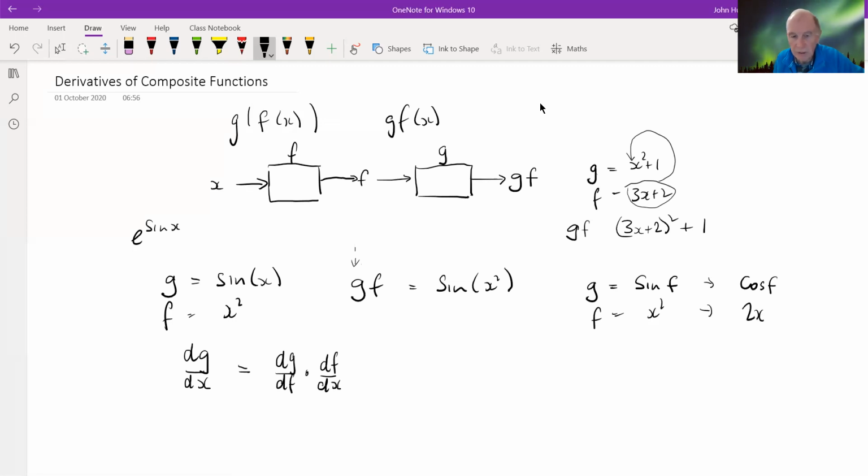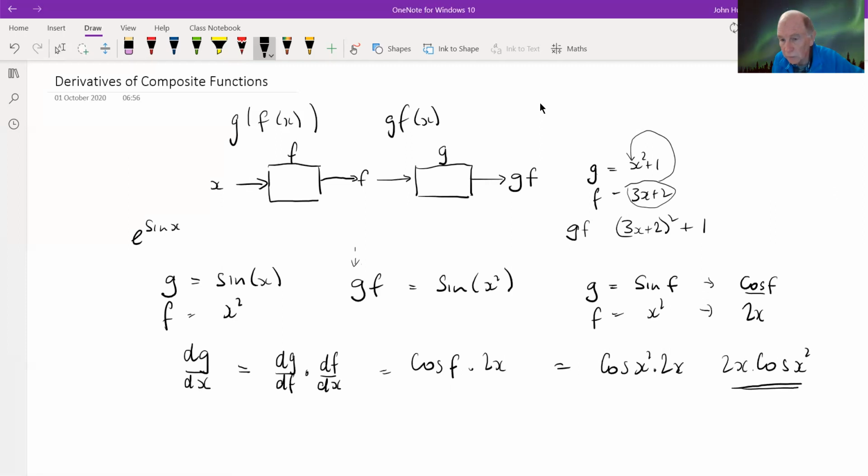So dG/dx is dG/dF, which we've seen is cosine of F, times dF/dx, which is 2x. Now what is F? Well, F is x squared, isn't it? So we can put that in there as cosine of x squared times 2x. And we'd probably rewrite this as 2x cos x squared. So that's a more usual way we would see it in maths.